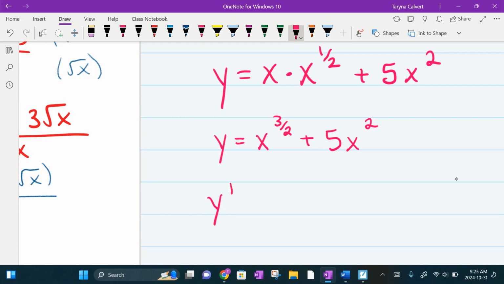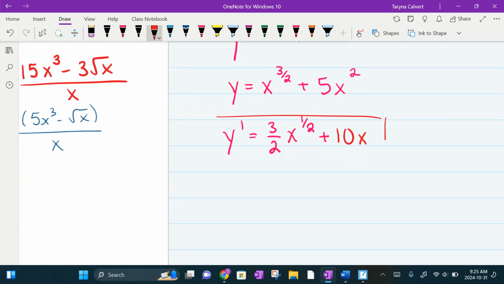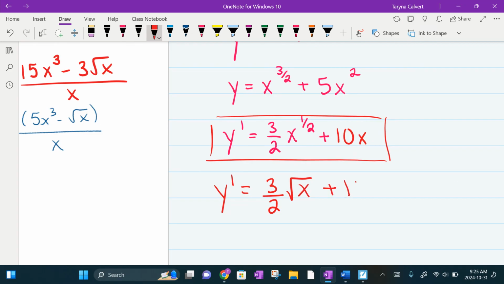So now my derivative is 3 over 2 x to the 1 over 2 plus 10x. So that is good. Or we can say 3 over 2 root x plus 10x.